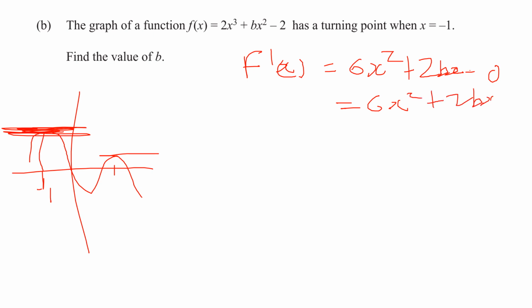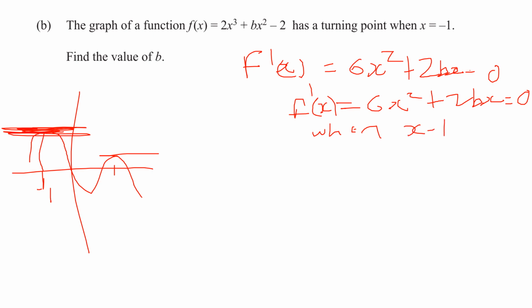Excuse my handwriting. And then we're saying that when we substitute this, f prime of x should be equal to 0 when x is equal to 1, when x is equal to minus 1, sorry.